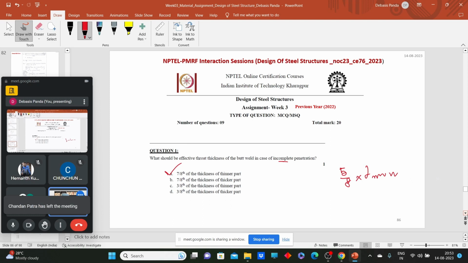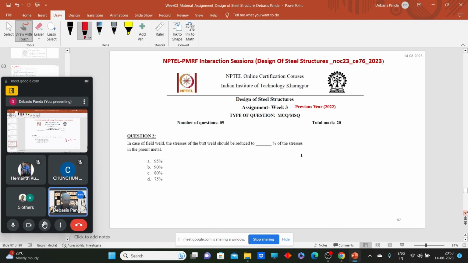Now, question 2. In case of field weld, for incomplete penetration it is 5/8 for the calculation of stress, but normally it is taken as 7/8. Yes, when we calculate the stresses it should be considered as 5/8.